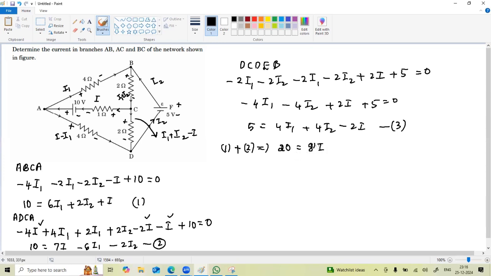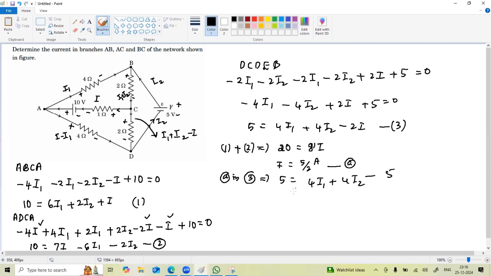So that solves I for you. 20 by 8, 10 by 4, 5 by 2. So I is equal to 5 by 2 amperes. You can use I in the third equation. It's current A. So A in equation 3 will give you 5 equal to 4I1 plus 4I2 minus 2I. 2 into 5 by 2, 5.